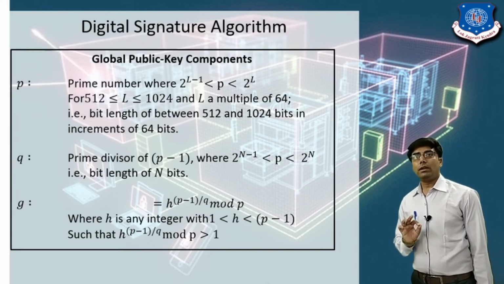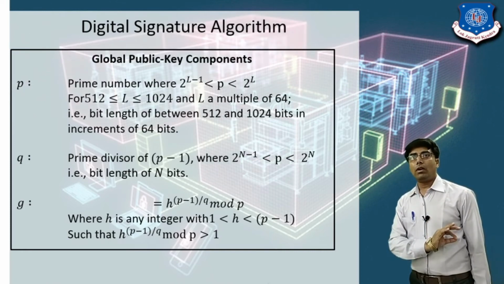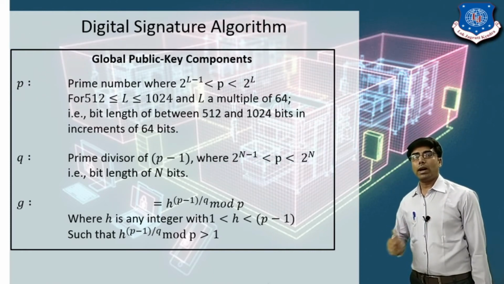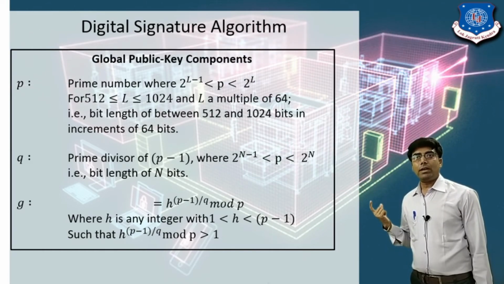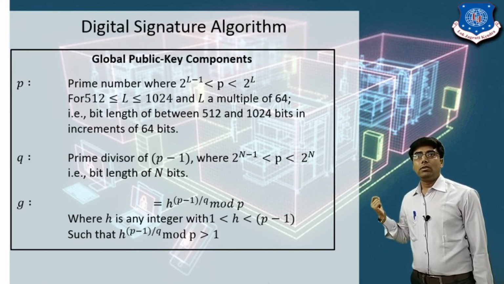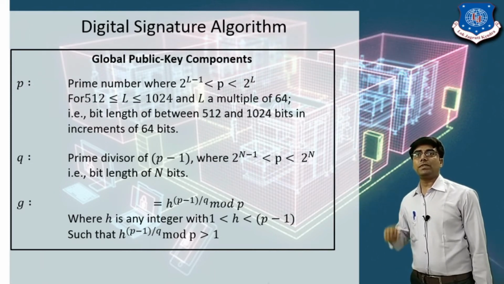It means all these global public key components are available for all users who are on the same network. Now P is considered a prime number, its length is between 512 and 1024 bits, and the length is a multiple of 64 bits.